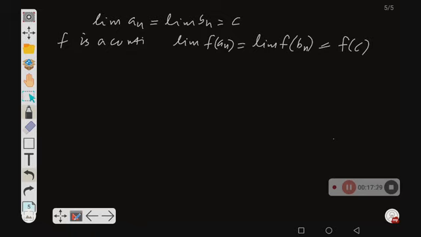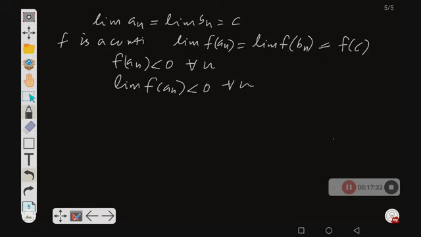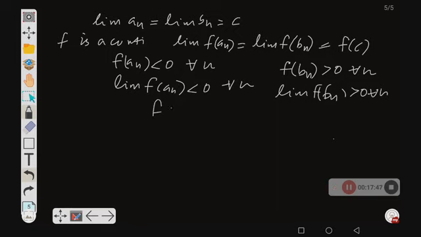We also know that f of an is less than 0 for every n, therefore the limit of f of an must be less than or equal to 0. And f of bn is greater than 0 for every n, therefore the limit of f of bn must be greater than or equal to 0. Therefore f of c is less than or equal to 0 and also greater than or equal to 0.